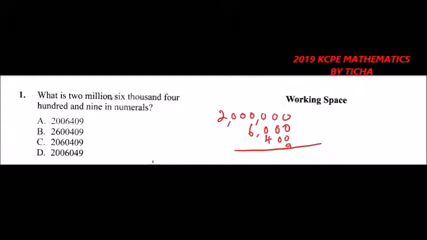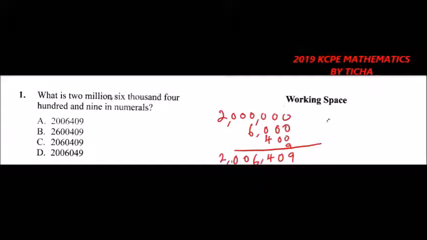So this is 0, 0, 0, you get 9, the 0, 0, 0, you get 0, 0, 0, plus 4, you get 4, then you have a comma, 0 plus 6 is 6, then this is 0, this is 0, and this is 2. You put your comma there.